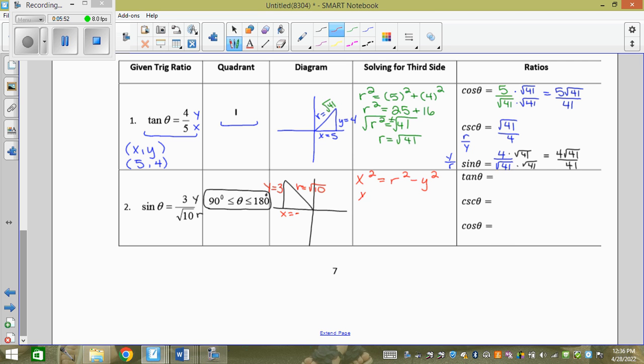X squared equals root 10 squared, which just cancels the square root, and 3 squared. So x squared equals 10 minus 9. X squared equals 1. And then when I take the square root, I get plus or minus. So x equals negative 1.